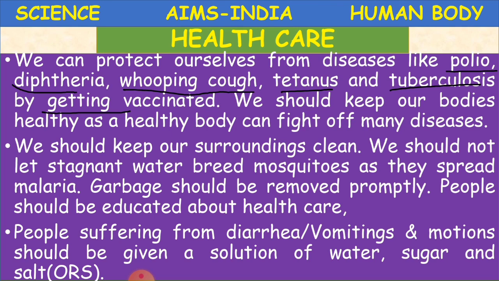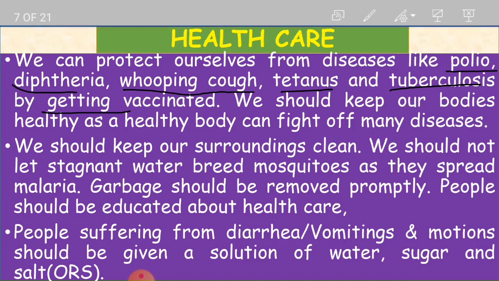When we vomit, or when we go for motions continuously, the water in our body is going to be lost. To get rid of that, we have to take a solution which is mixed with sugar and salt in water. Clear, children? This is ORS.